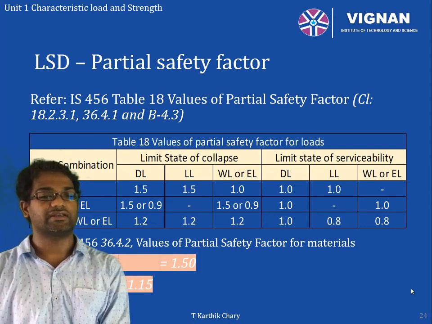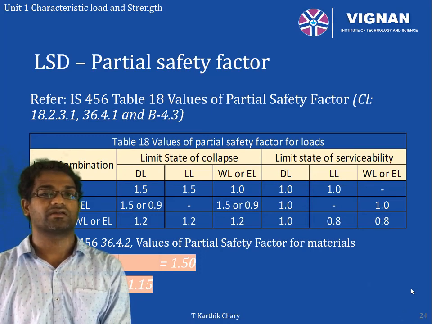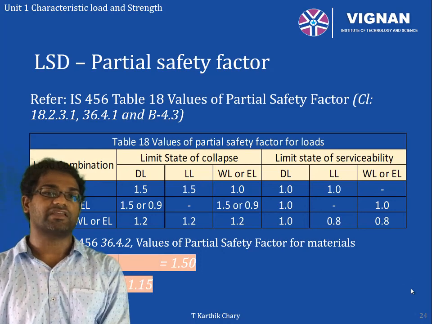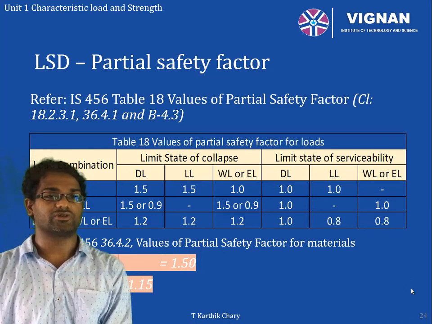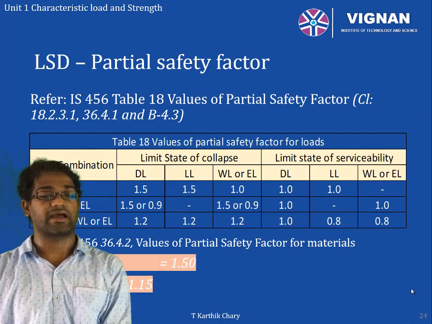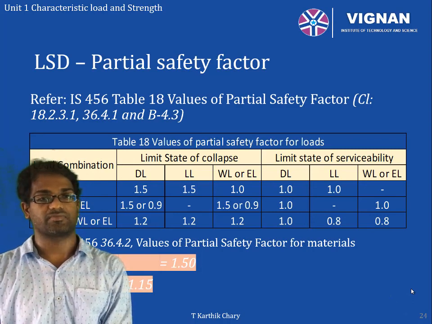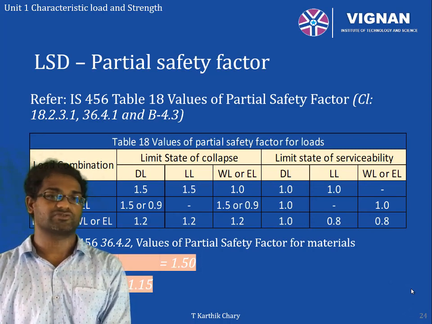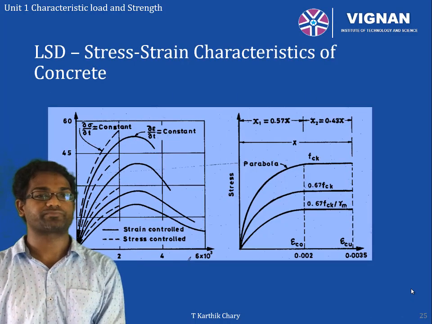So 20 divided by 1.5 will give you the design strength of the material. In the same way, if I have the yield strength of steel as 250 Newton per mm square, which is mild steel, and I divide it by 1.15, you will get the design yield strength of steel. So these are clearly mentioned.